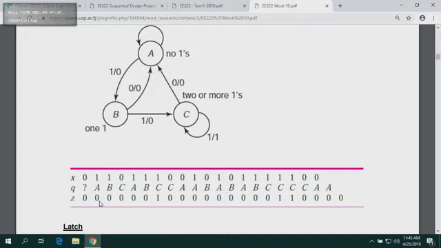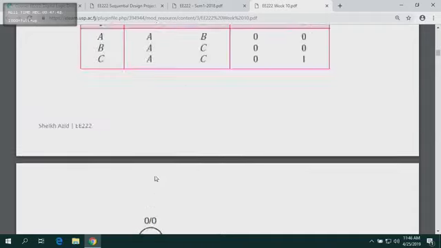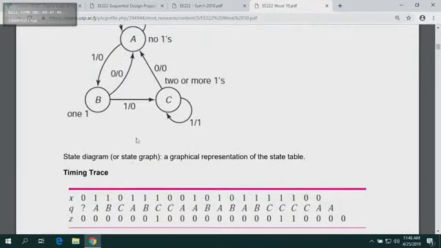So the timing trace comes out from your state table. Once you've done your state table, you can transfer that knowledge and draw your state diagram. Or if you've got a state diagram, you can transfer that knowledge and draw your state table. The same thing goes over here for timing trace. All right, just take a note of that, and I'll let you guys have a look at the example. These are examples of some timing traces over here.